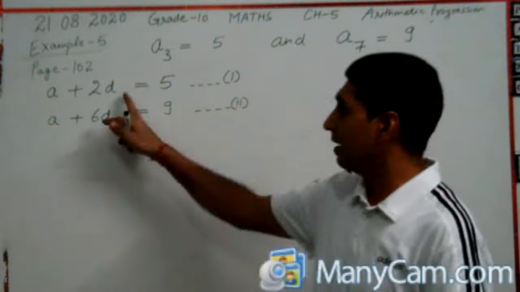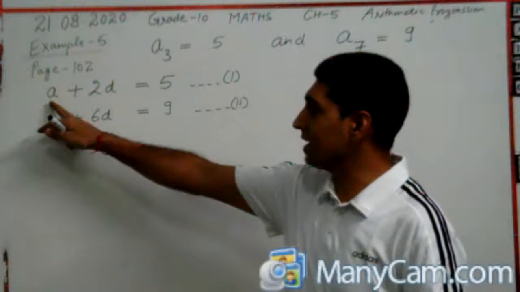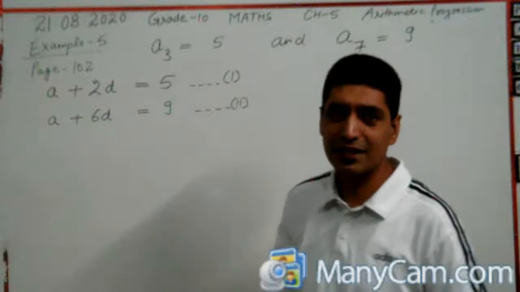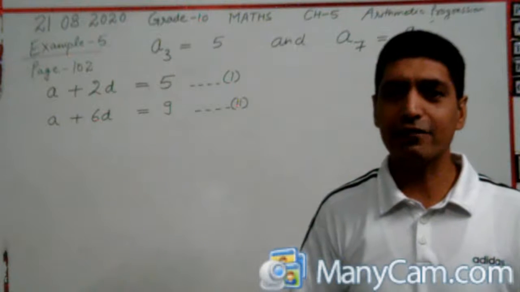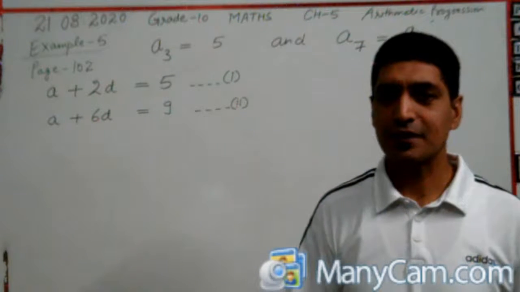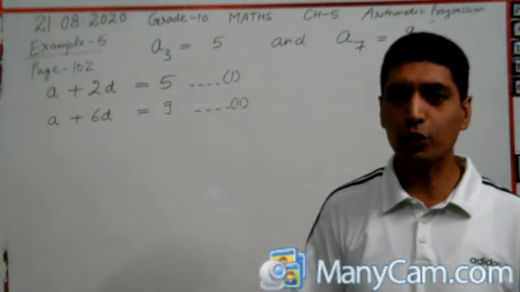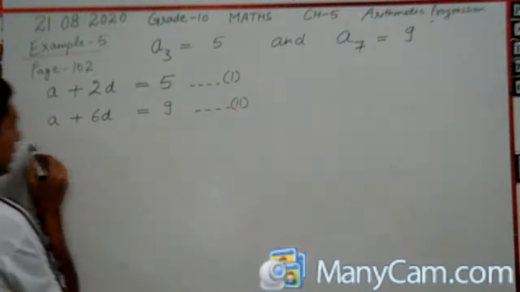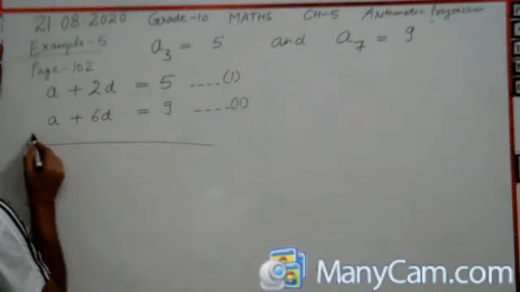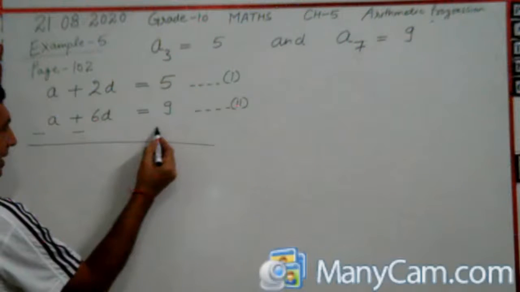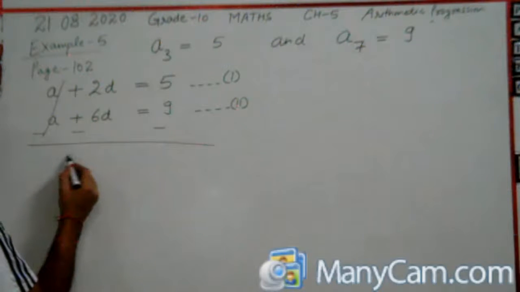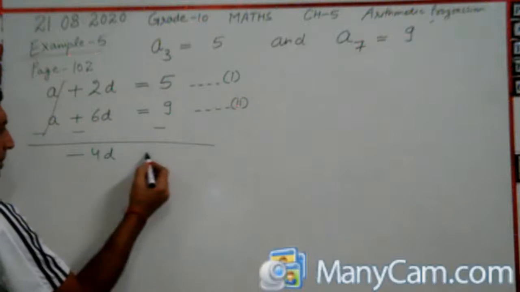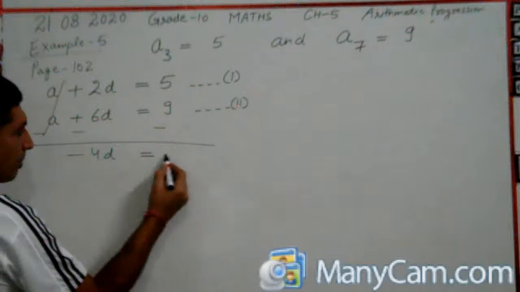Here, when we are applying this concept in AP, we can easily eliminate the first term, A. Subtracting 1 from 2 or 2 from 1, what do we get? A and A get cancelled, we have minus 4D is equal to minus 4.